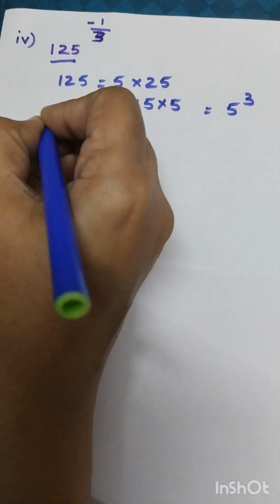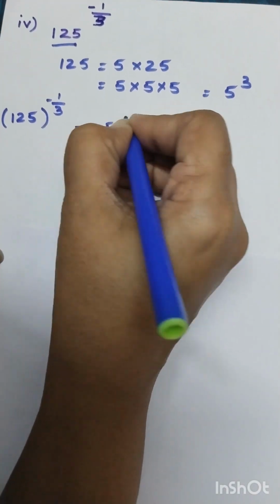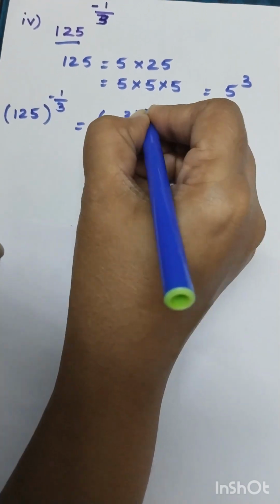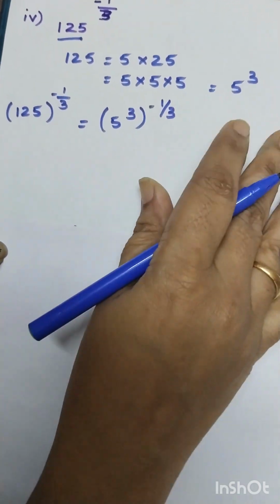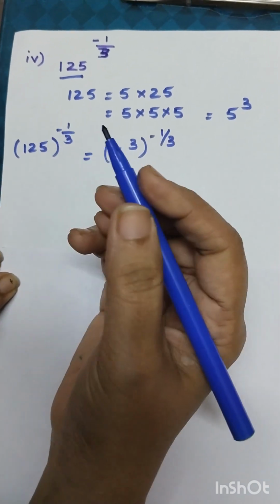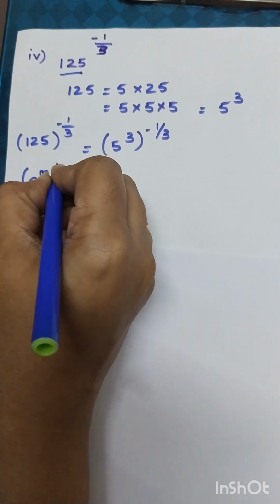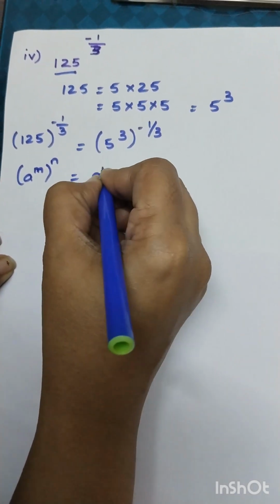So 125 to the power of minus 1 by 3 can be written as 5 cube to the power of minus 1 by 3. Now how do we solve this? Which identity are we going to use here? The same identity, which is a power m to the power n gives a power mn.